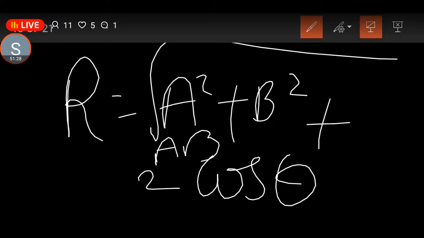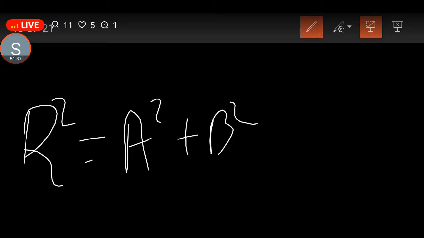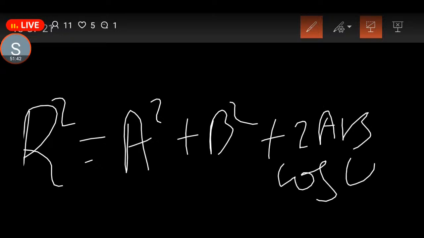It will be like this. If you want, you can write it in another way also: R square is equal to A square plus B square plus 2AB cos theta. This will be the answer.